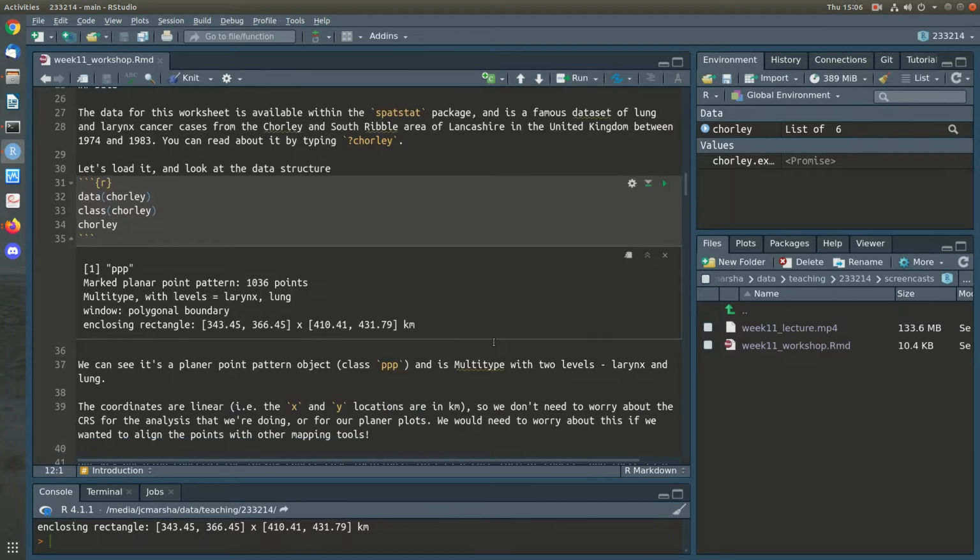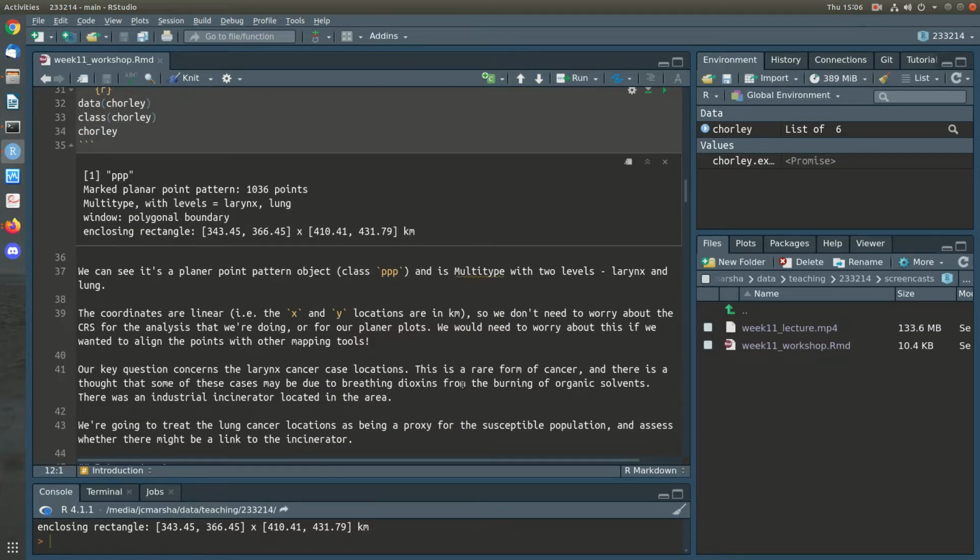The key question is whether the larynx cancer cases differ from the location of the lung cancer cases. What we're looking at is primarily the larynx cases, and we're going to be using the lung cases as, if you like, a comparator, a denominator data set, which may have some common cause.